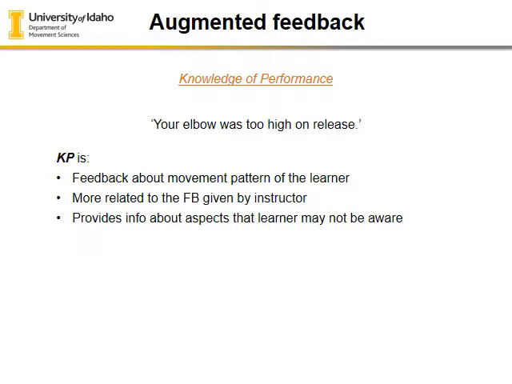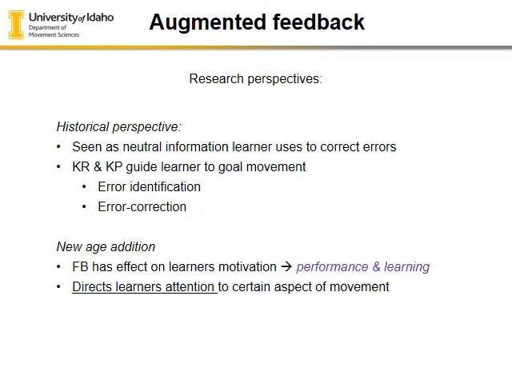So knowledge of performance is about the pattern itself. It's more related to the feedback given by the instructor as opposed to the intrinsic feedback felt by the individual performing it. It can also provide information about certain aspects that a coach or person analyzing and helping train may want the learner to focus on. Those are very key components of identifying areas of interest.